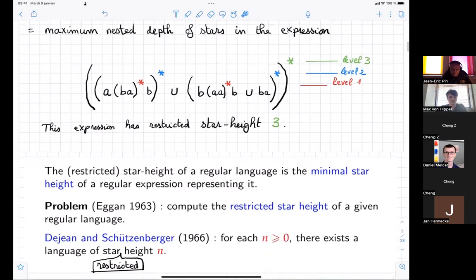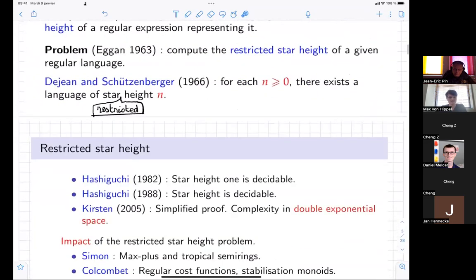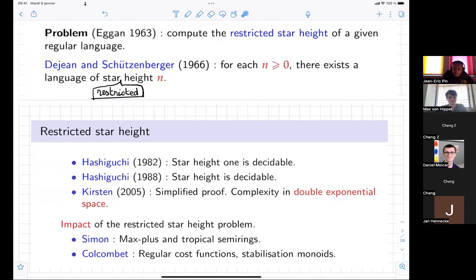First of all, it was proved just 3 years after the problem was raised that there exists a language of restricted star height n for each n. Okay, good. And next, it was proved by Hashiguchi first that one can decide whether a language has star height 1, but it should be restricted star height each time.